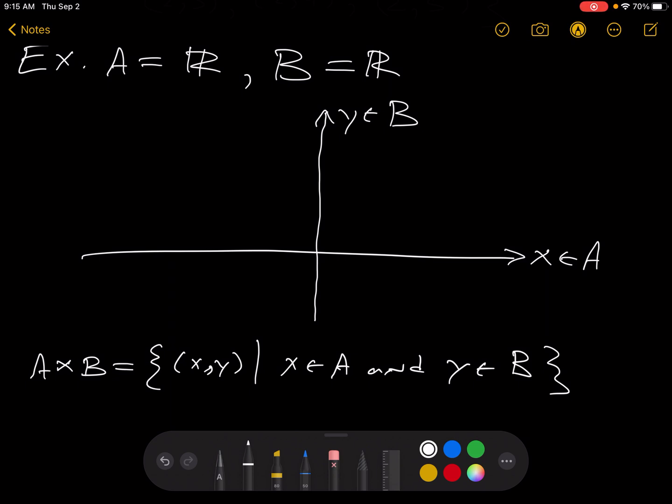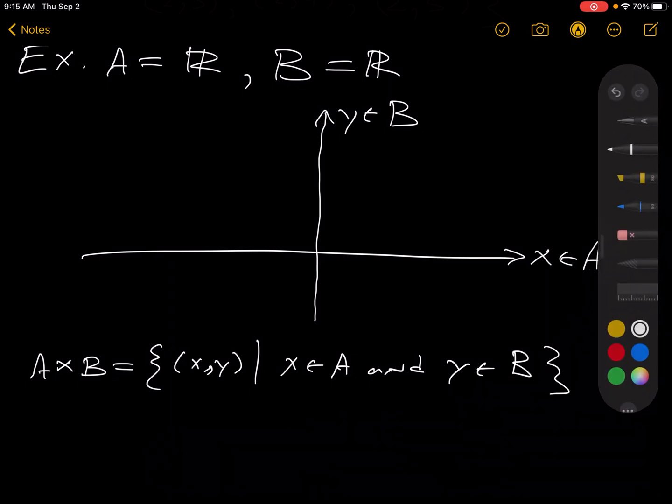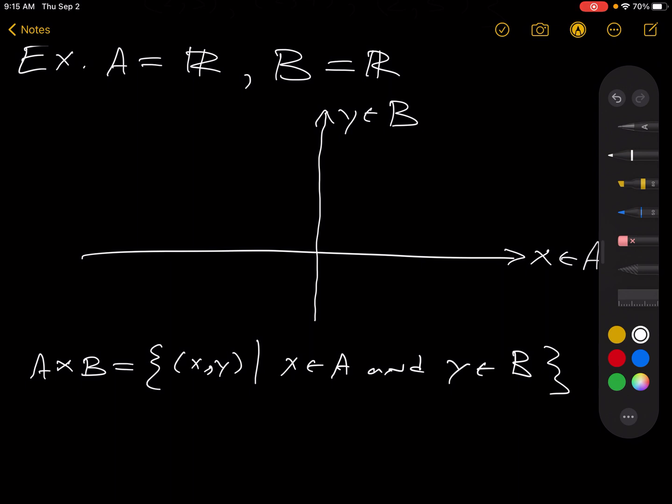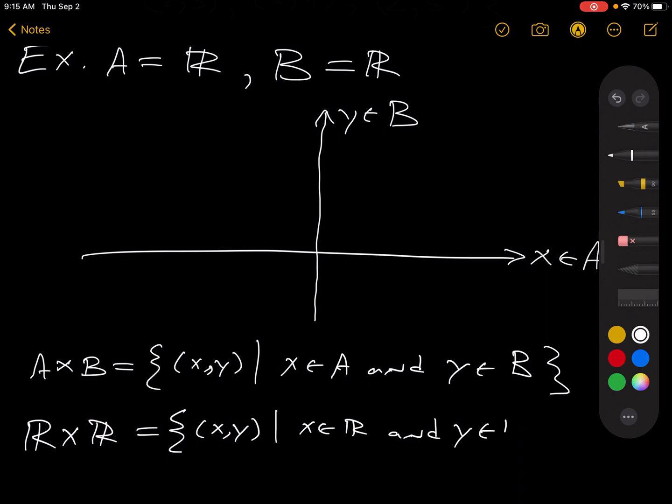Now, in this particular example, A is the real numbers, B is the real numbers. So this is what we'd say is R cross R. This is all the points (x, y) such that X is a real number and Y is a real number.